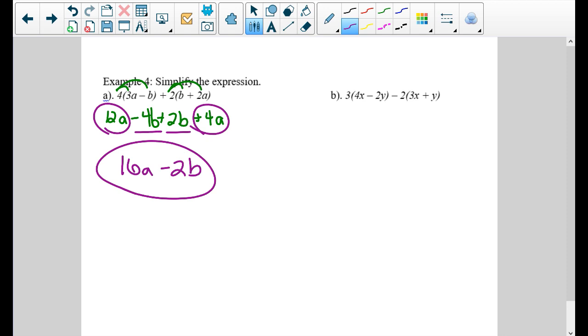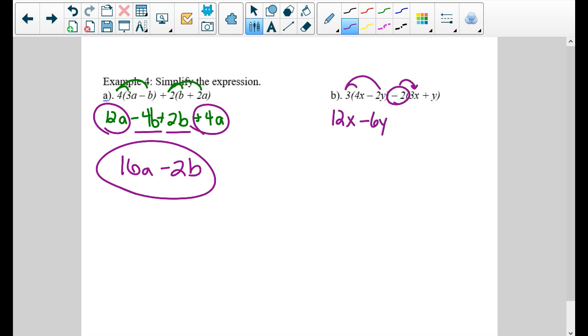And the last one. Same idea, we're going to distribute. So 3 times 4 is 12x. 3 times negative 2 is negative 6y. Now here's where you need to be careful. Over here it didn't matter, it was a plus. If it's a negative, I need to group that together and take that negative with it.